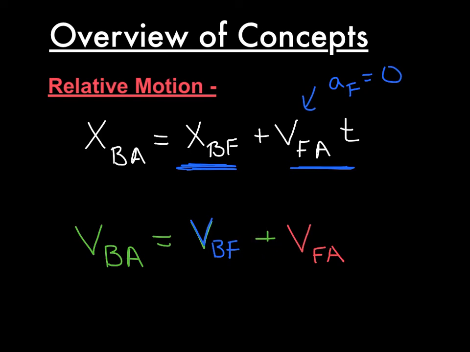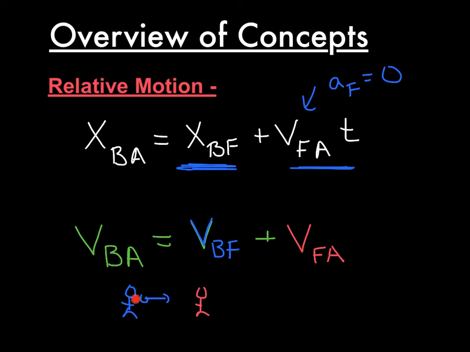Side note, it should also be worth noting that if person A is walking this way, person B is standing here, A sees themselves moving to the right, or A, they throw something. Let's say they throw this ball. A sees the ball going to the right, B sees the ball coming at them.